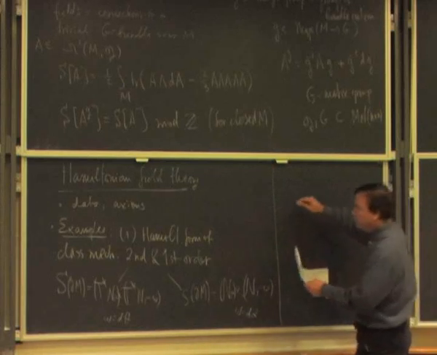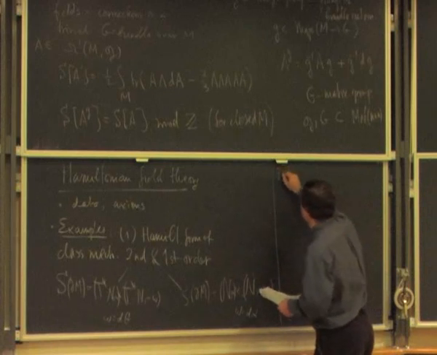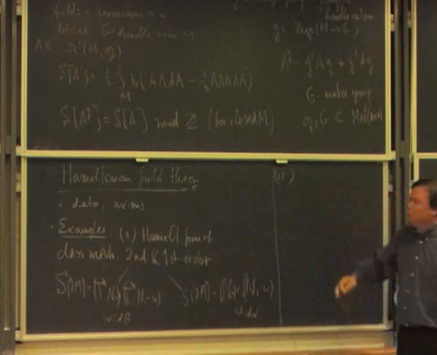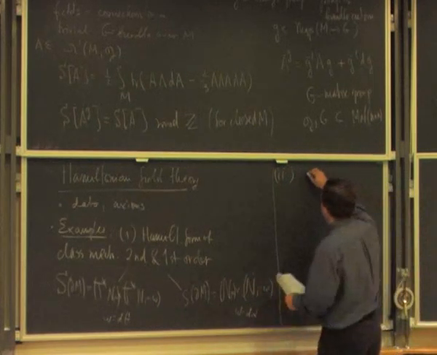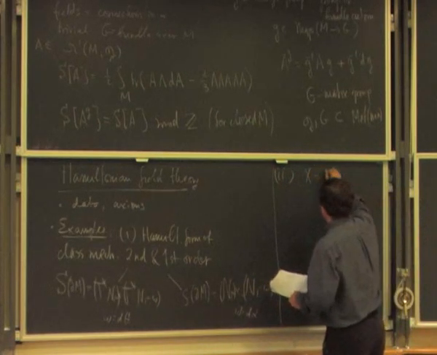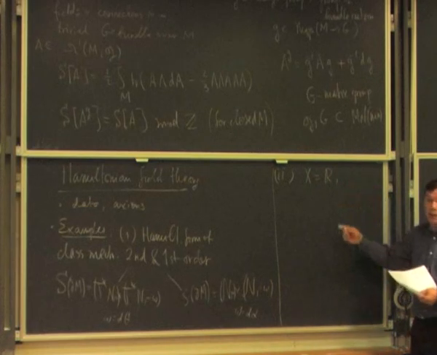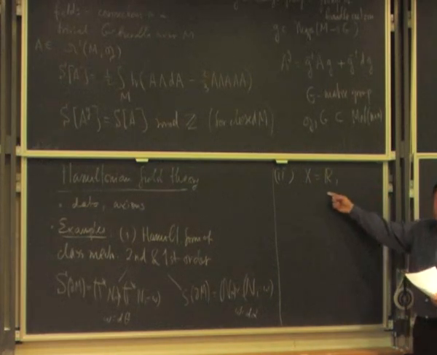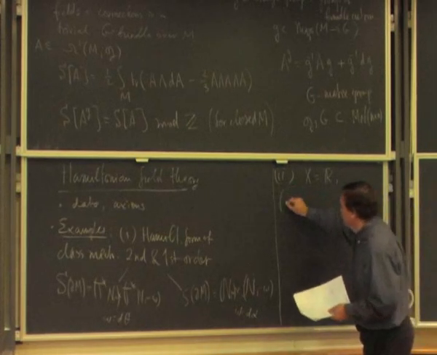So, but now let's look at the other examples. The nonlinear sigma model. Again, let's just for simplicity consider the case when x equals r, and it's a good exercise to generalize this discussion to the general case when x is a Riemannian manifold.